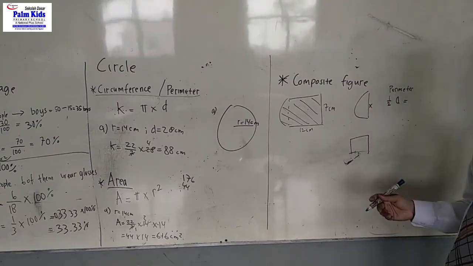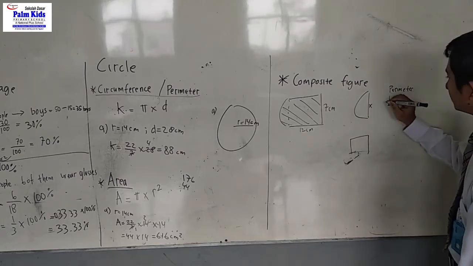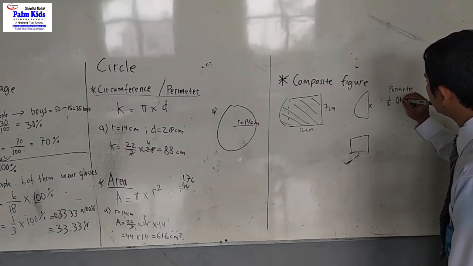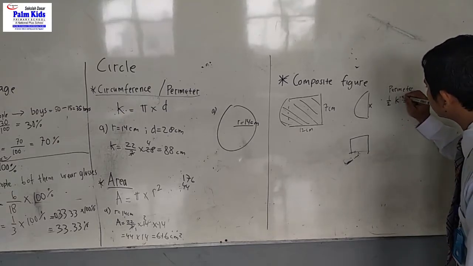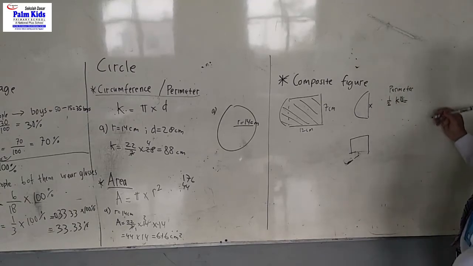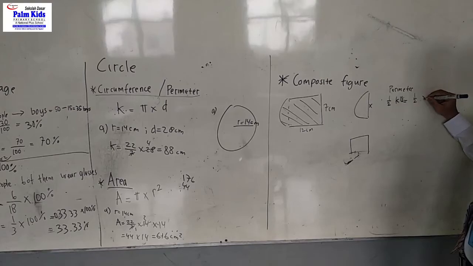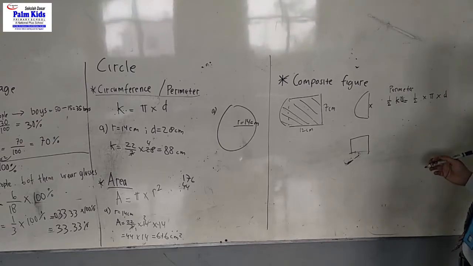So you just need a normal half circumference. So it's a half multiplied by pi multiplied by d, where we know d is 7.